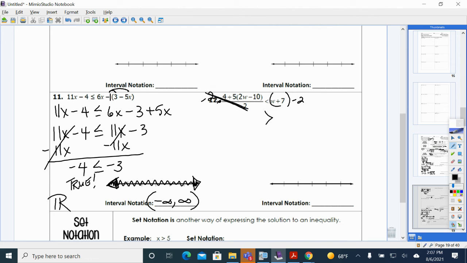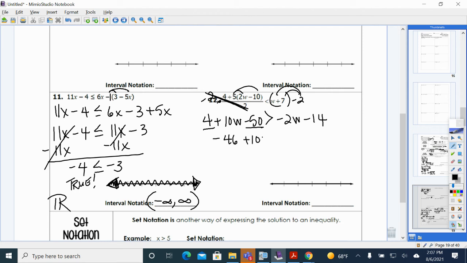Now these -2's are going to go away. I'm going to go ahead and distribute here. And then I'm going to distribute the -2 on the other side. The left side of my equation has some like terms. I'm going to go ahead and combine those. What does it say? 4 minus 50. 4 minus 50 is -46.